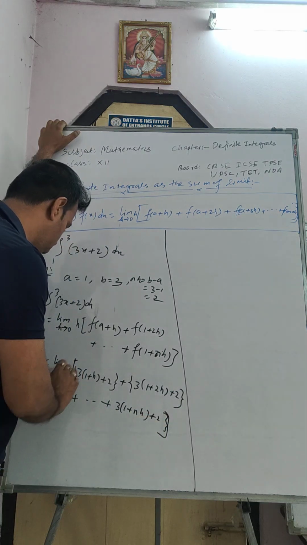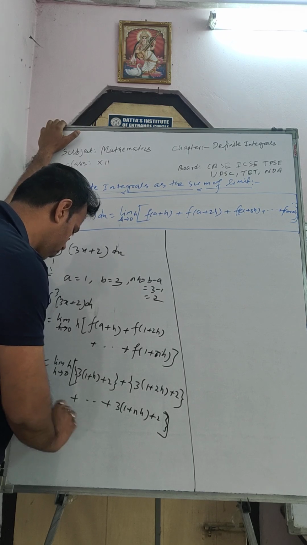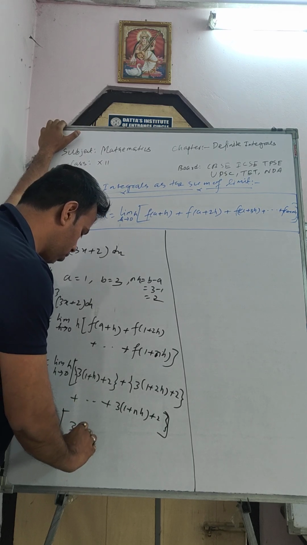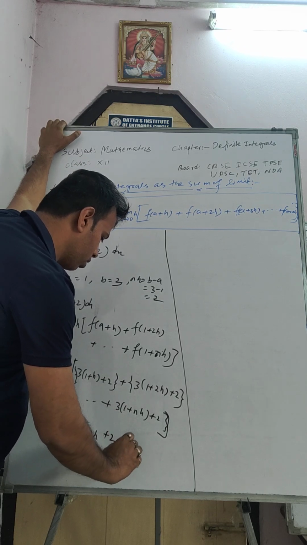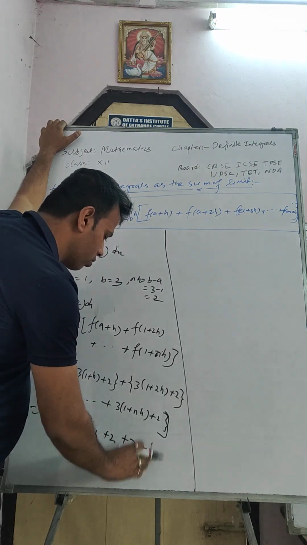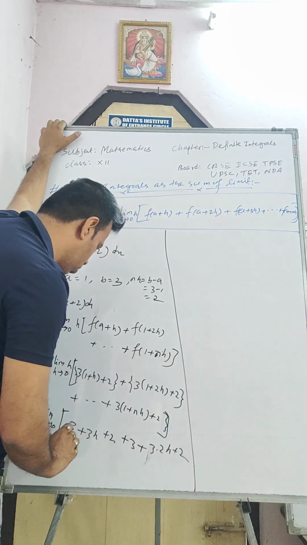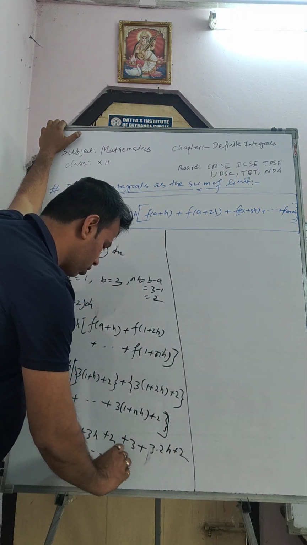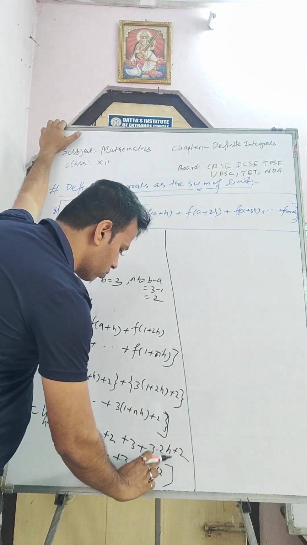So now limit h tends to 0 of h into [3 plus 3h plus 2, plus 3 plus 3 into 2h plus 2, plus ..., plus 3 plus 3nh plus 2].